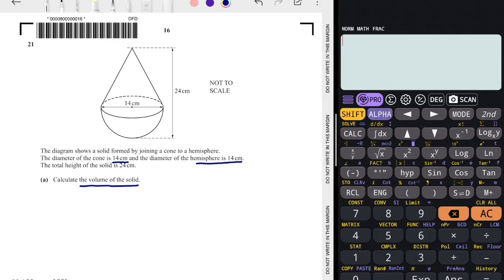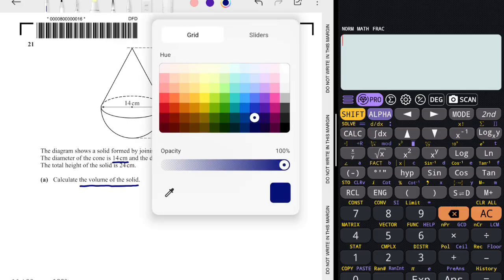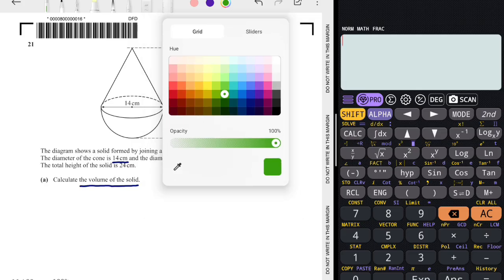So first of all we have to recognize the height of hemisphere and cone.